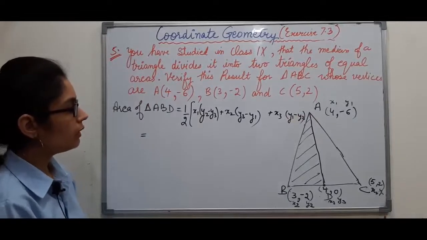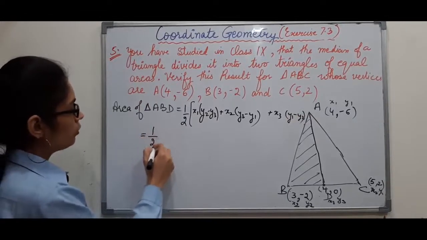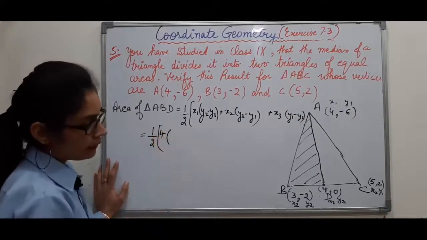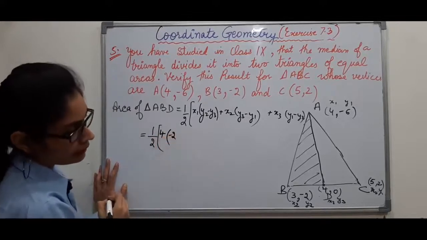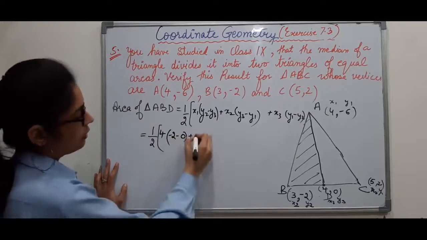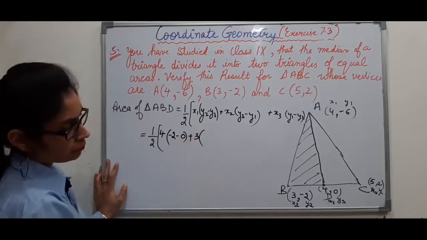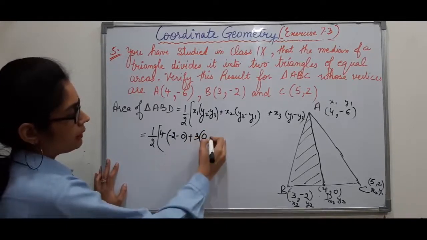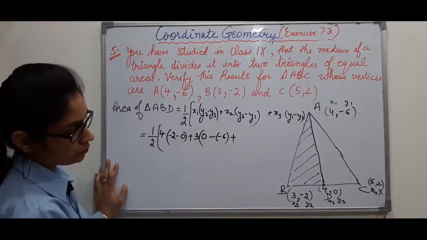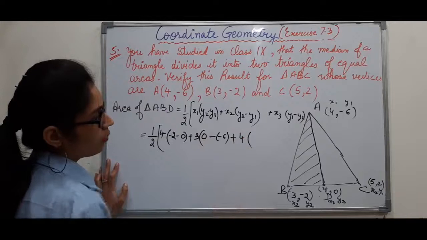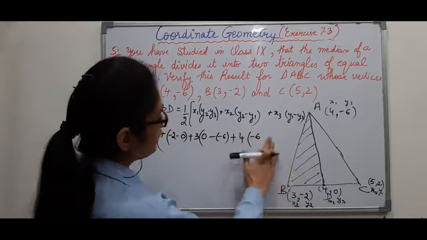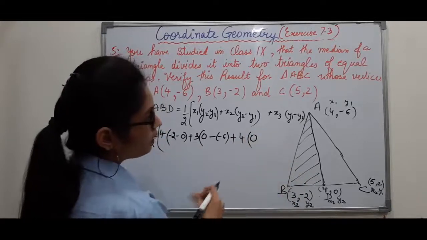Let's substitute the values of x and y's now. x1 is 4, y2 is minus 2, y3 is 0, plus x2 is 3, y3 again 0, minus y1, minus of minus 6, plus x3 is 4, y1 minus 6 minus y3, which is 0.